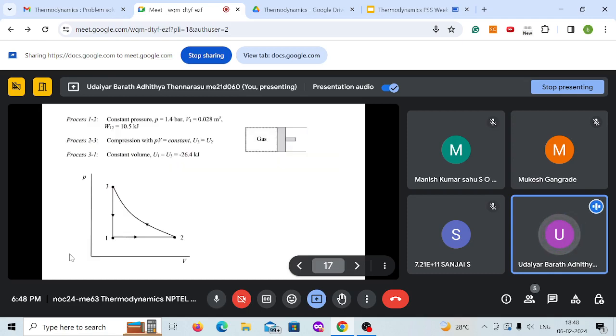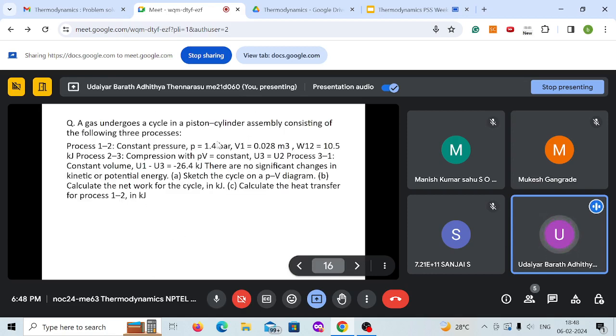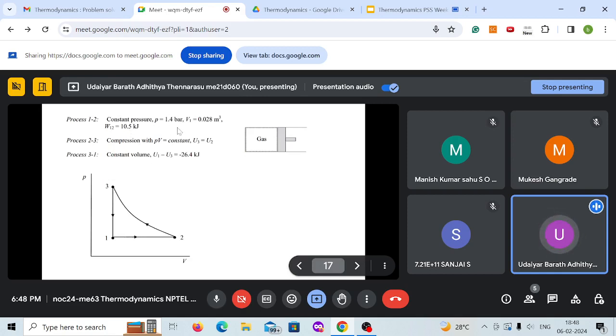So now I'll show how to do that. Here is a sketch of the process. Initially the pressure is 1.4 bar, a constant pressure process. It goes from 0.028 meter cube and produces some work of 10.5 kilojoules, which is state 2. We don't know what state 2 is, but the area under this curve should give you 10.5 kilojoules.